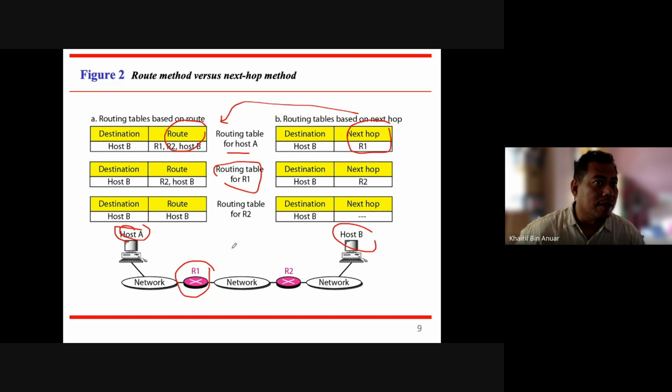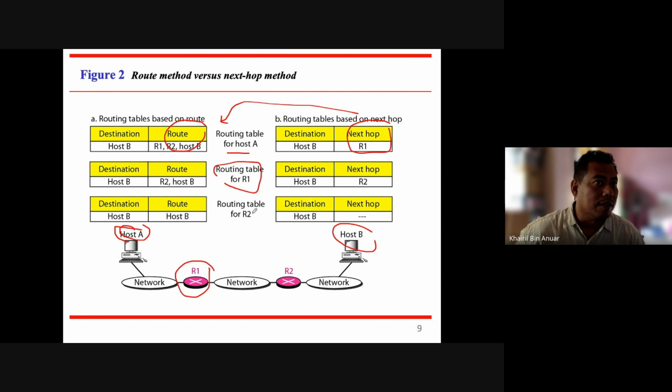Compared to this, with next hop, you just need to know what the next destination is. If you are host A and you want to go to host B, you need to ask R1. Then getting to R1, you want to go to host B, you have to ask R2.